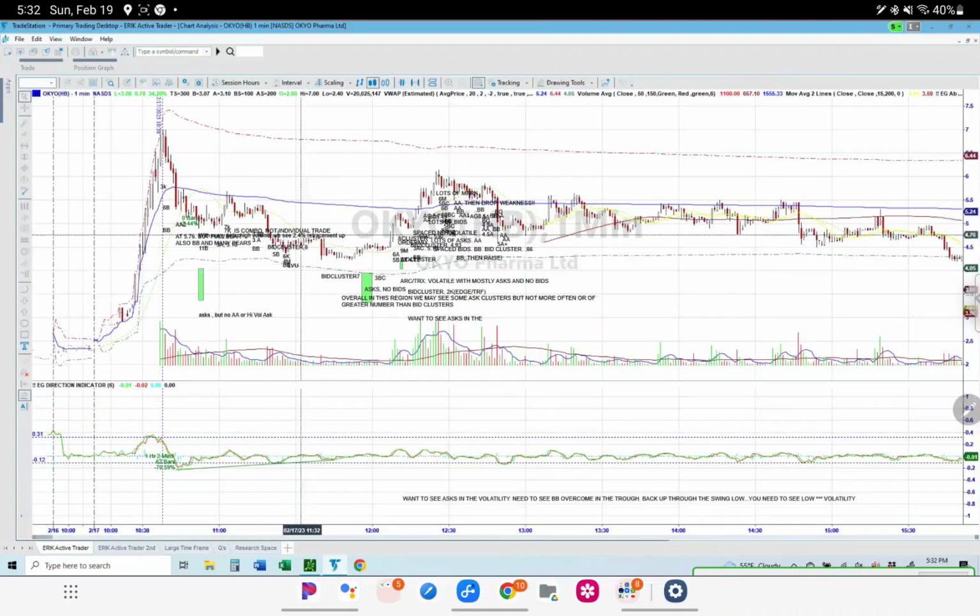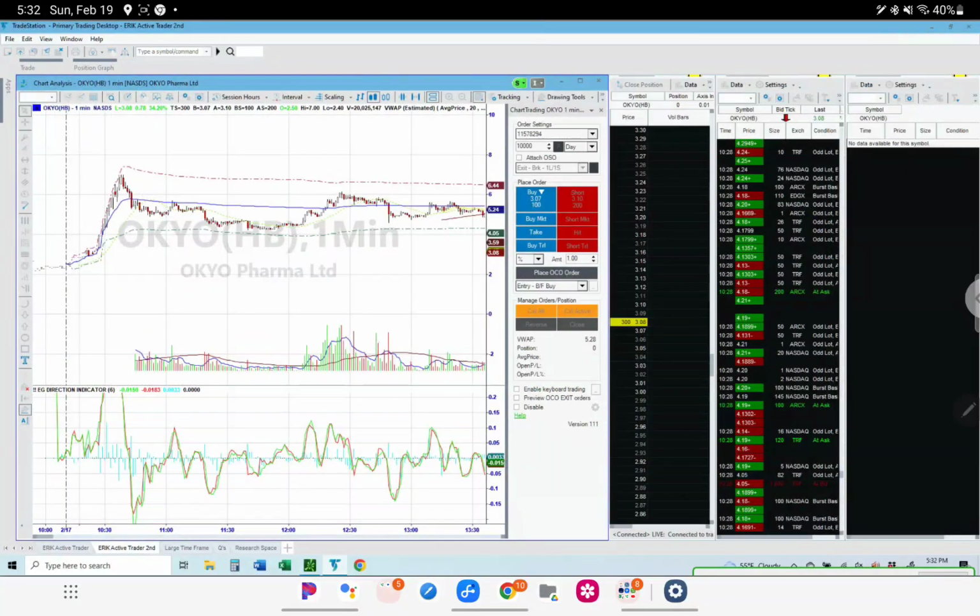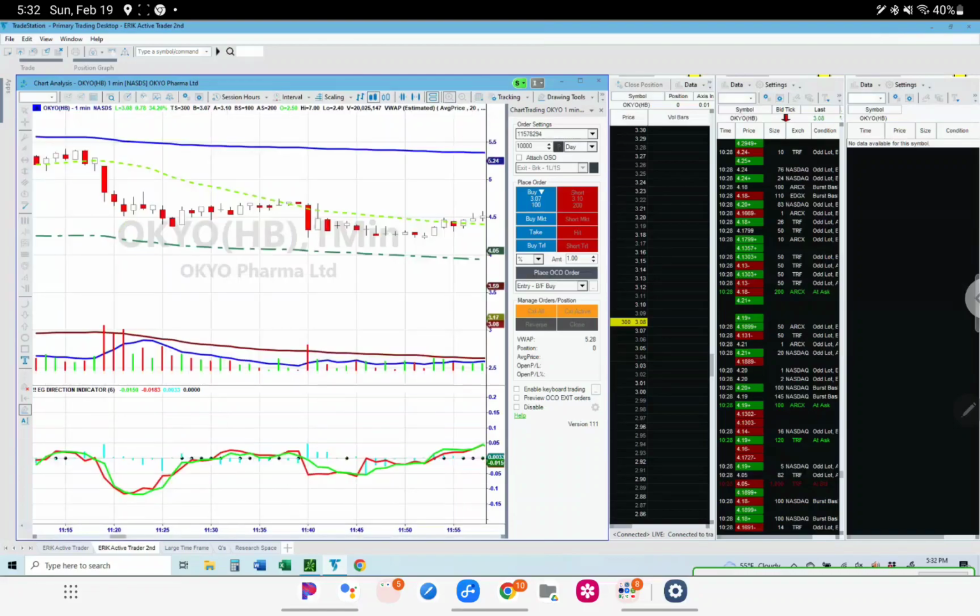So next, we're talking about absorption. I was saying that this was a bid cluster. I wondered whether or not, you see the volume here, was this absorption volume?